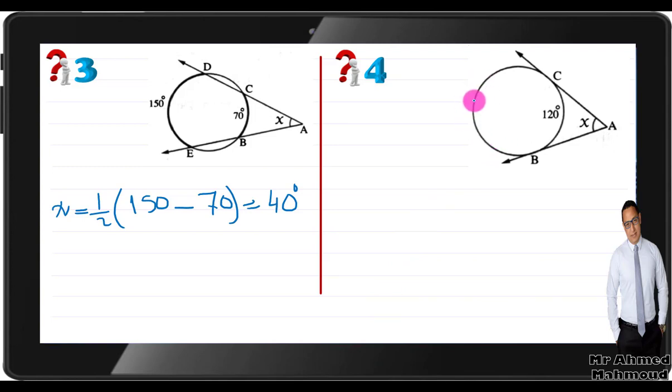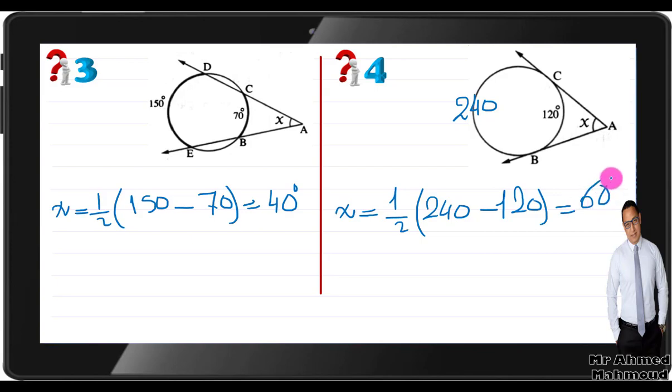This one equals 360 minus 120 equals 240. Again, the measure of BC equals 360 minus 120 equals 240. So x equals half, open brackets, 240 minus 120, equals 60 degrees.